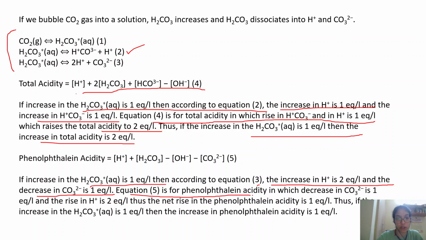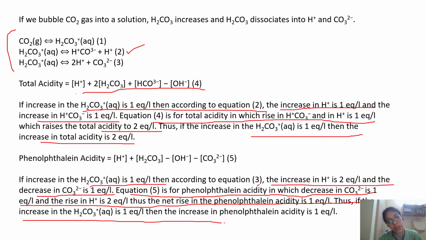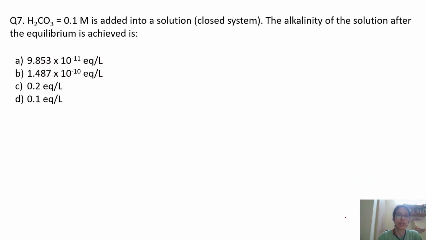Equation 5 is for phenolphthalein acidity, in which the decrease in carbonate is 1 equivalent per liter and the rise in H plus is 2 equivalents per liter. Thus, the net rise in phenolphthalein acidity is 1 equivalent per liter. Thus, if the increase in H2CO3 is 1 equivalent per liter, then the increase in phenolphthalein acidity is 1 equivalent per liter. Okay, we'll move towards the next question.